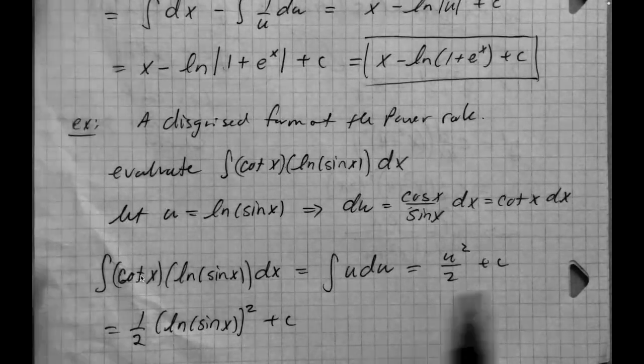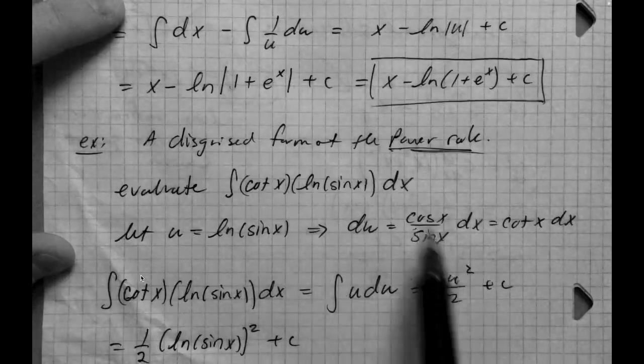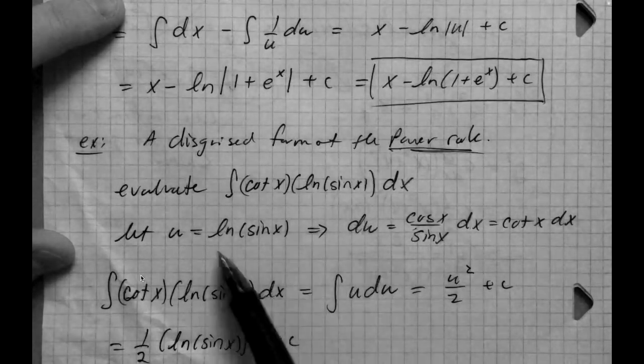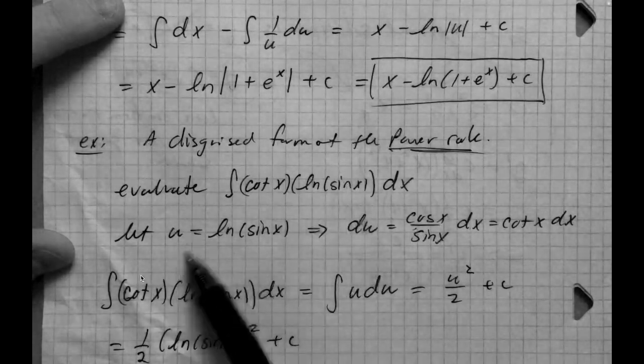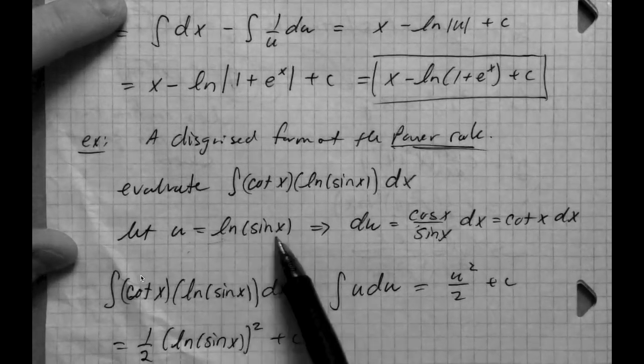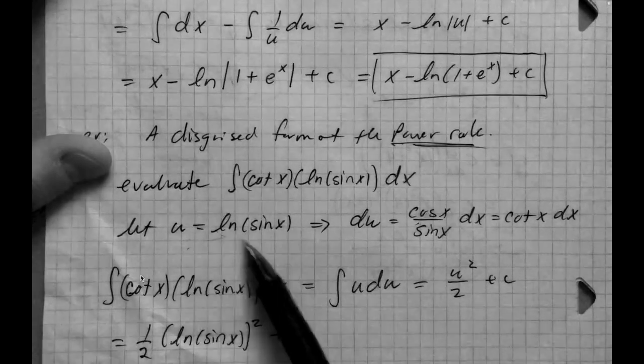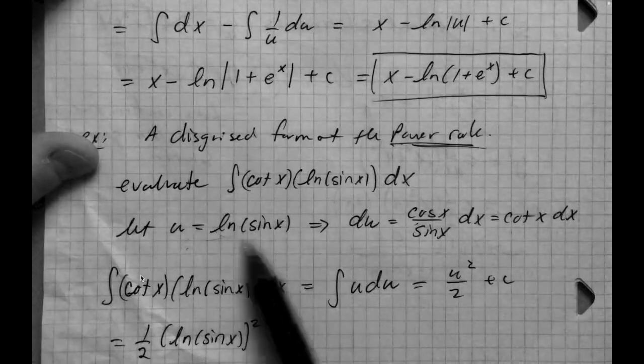So this one, the power rule could be applied, but you just had to be willing to think through what is the derivative of natural log of sine x. Not a super easy, not a hard derivative. It's a chain rule derivative, 1 over sine of x times the derivative of sine of x.